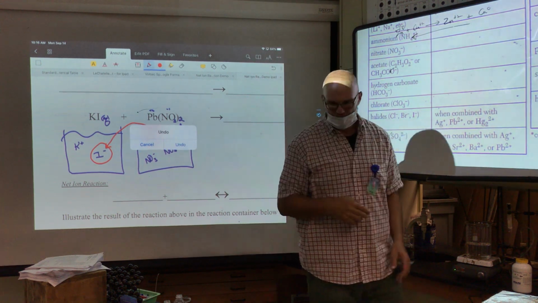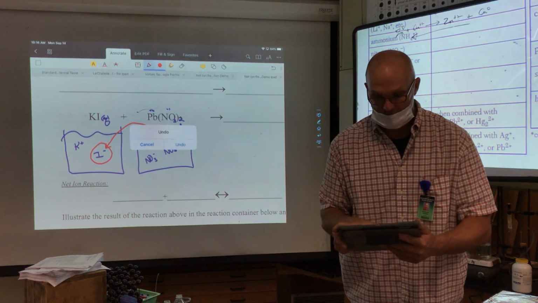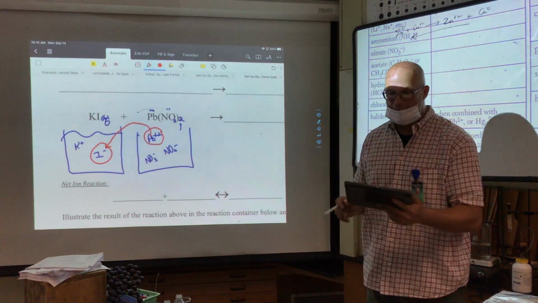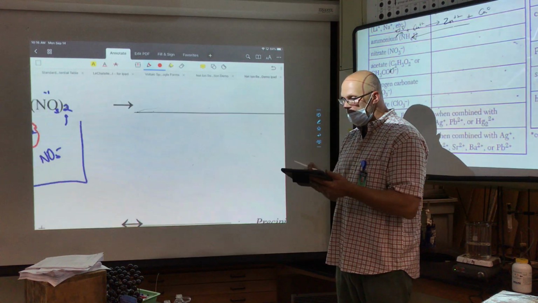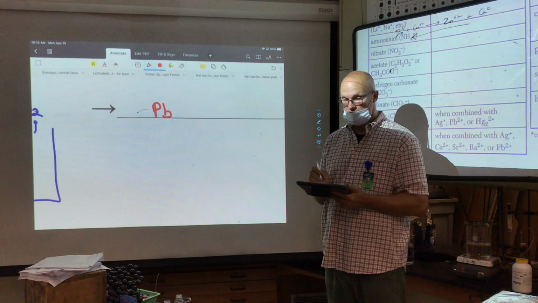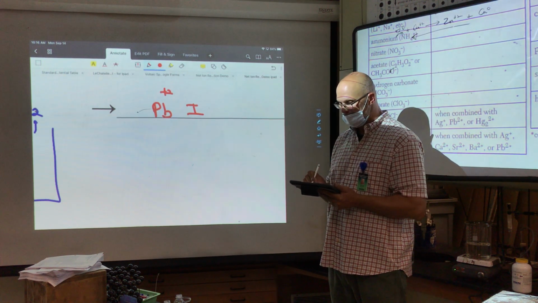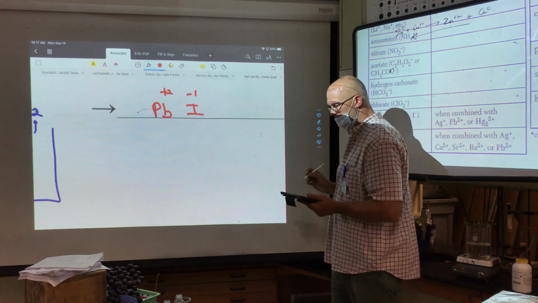What does that look like? It would be a crystal. So what I'm saying to you, party people, is that when I pour these together, I'm going to make a lead who's still +2 hook up with an iodine who's -1. This is not a redox reaction.